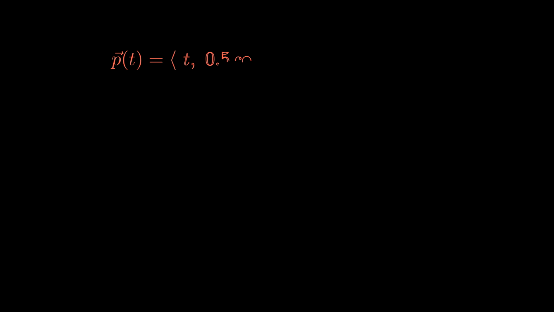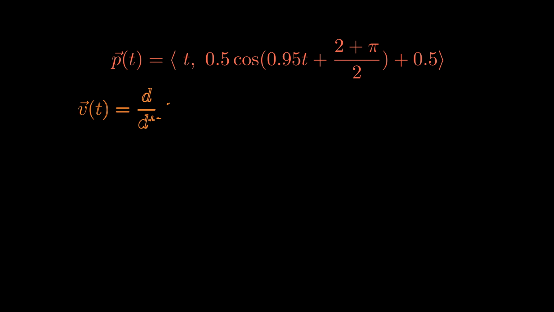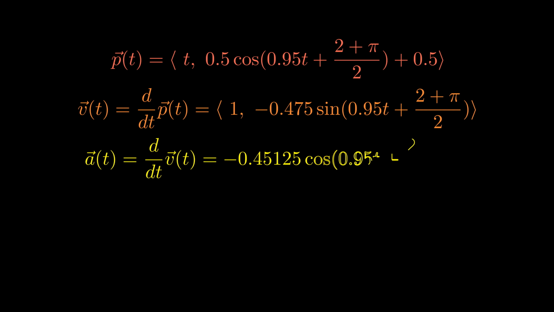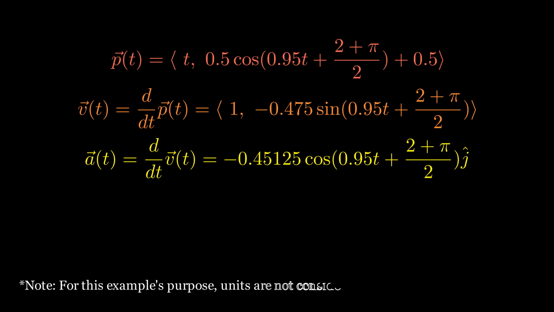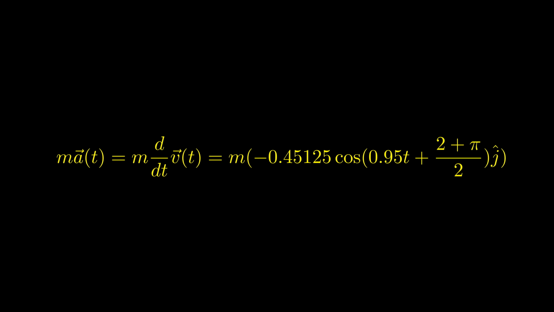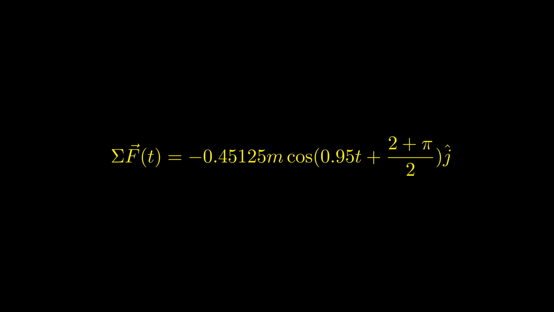Now, mathematically, the position function may look like this. Taking the derivative of the position and then doing it again will give us velocity and acceleration. Assuming negligible mass rates, we can multiply the acceleration by mass to get our force. We can see that the force is actually a cosine sinusoid.